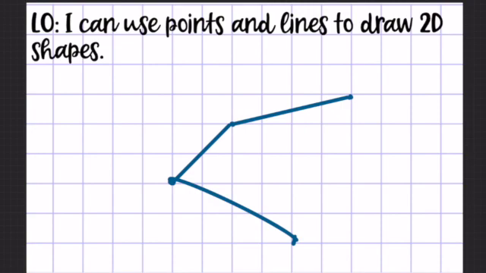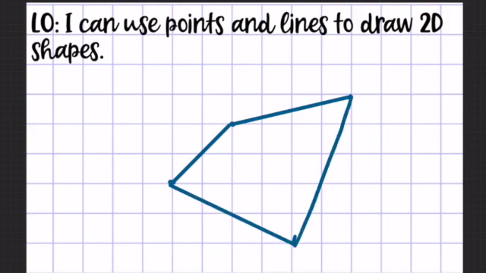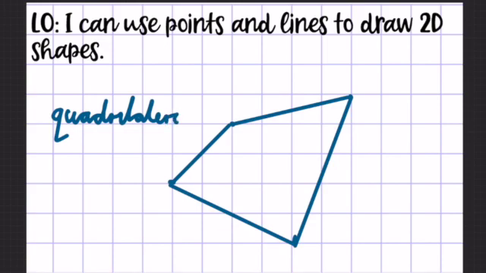So, see what I did there? You would rub that out if that was in your book. And 4. And then you would write quadrilateral.